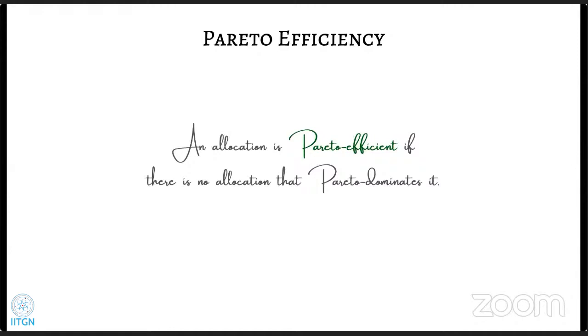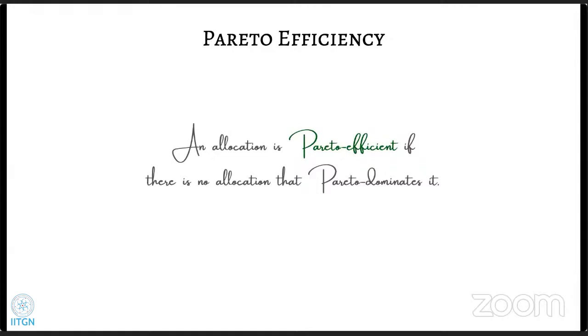You start with an allocation, and if it's not Pareto efficient, then there is one that Pareto dominates it, so you move to that one, and you keep doing this till you get stuck, right? So I think Pareto efficiency handles the issues that we have with the arbitrary allocation that I showed you, where you said, well, this is not so nice because you could move things around and people would be happier.